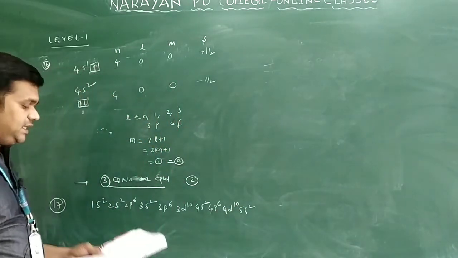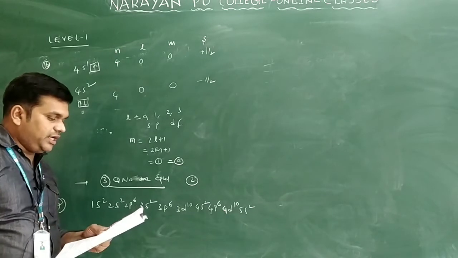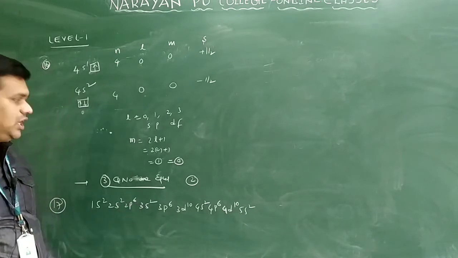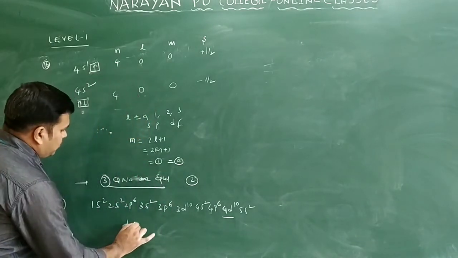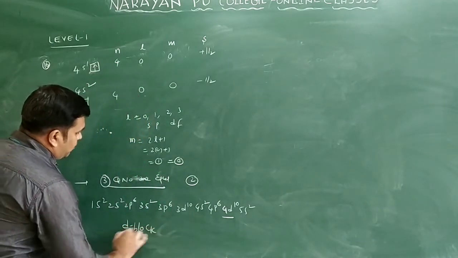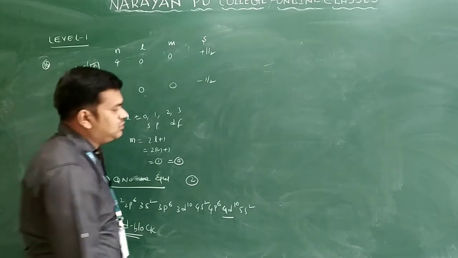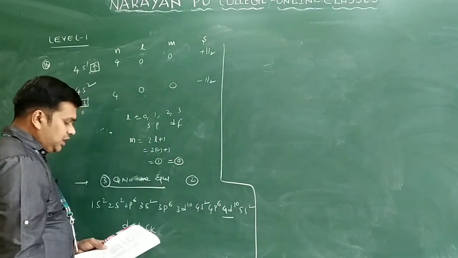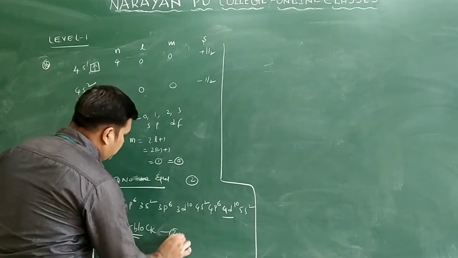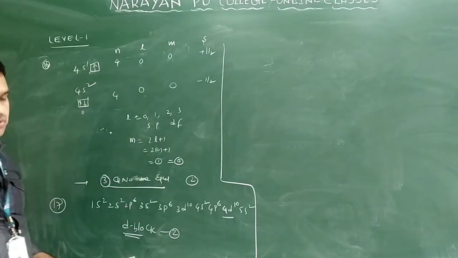They are asking this is for which block element. What orbital is there finally? d orbital is there. It belongs to d block elements only. If f is there, you will write f block. If p is there, you will write p block only. So d block element is the right answer. Your option is 2 for this question.